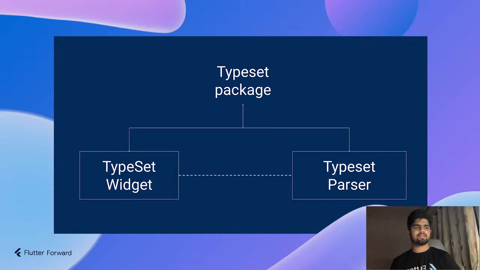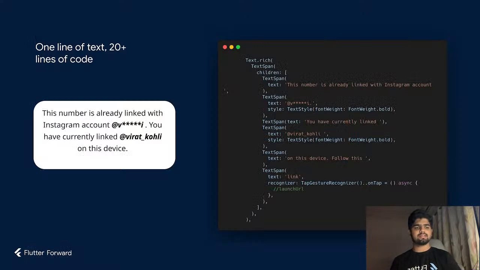So let's look at some examples. Here is the example we saw in the previous slides also. If I want to style this, and if I want it static, no backend, nothing, I want to just implement it using the rich text widget, here is how it looks. For the left text that we want to have, the @ username is in bold.